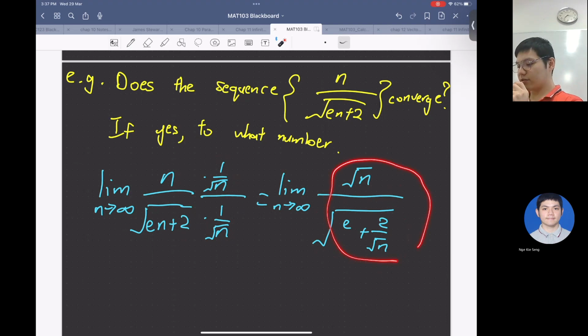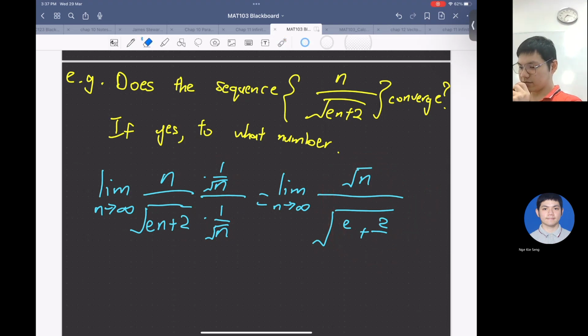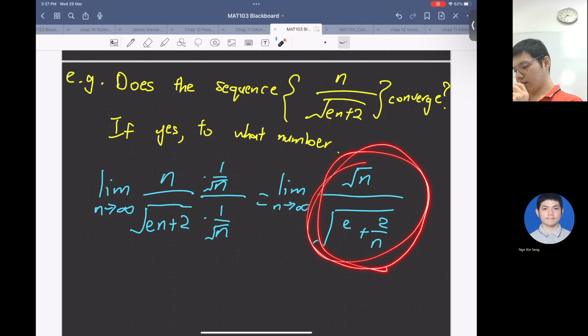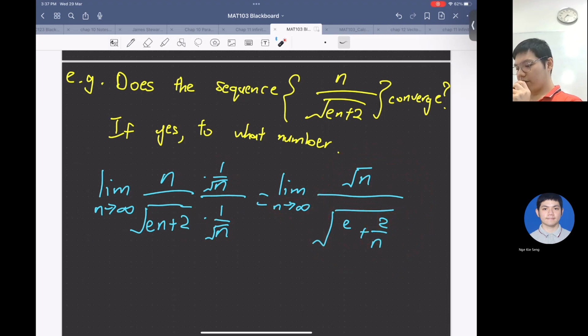If you look at this sequence, the denominator here, when n gets large, this term will disappear, so you are left with square root of n.